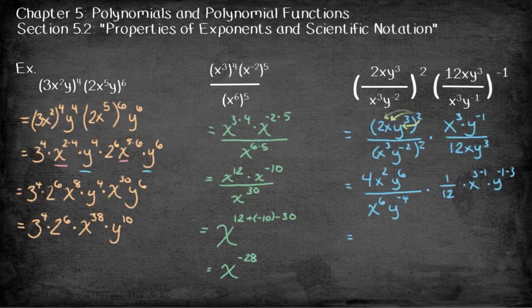I'm going to do a similar thing over here, so I have 4 times x squared divided by x to the 6 means we would have x to the 2 minus 6. And then we would have y to the 6 divided by y to the negative 4th. We want to be careful of our signs. We're subtracting a negative exponent.